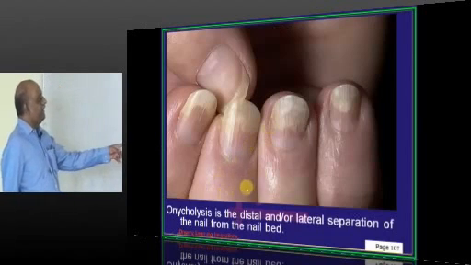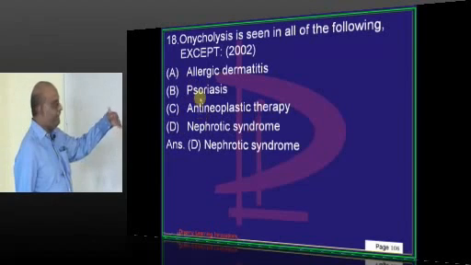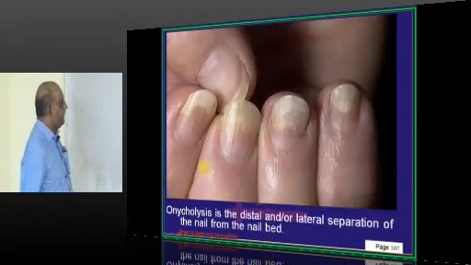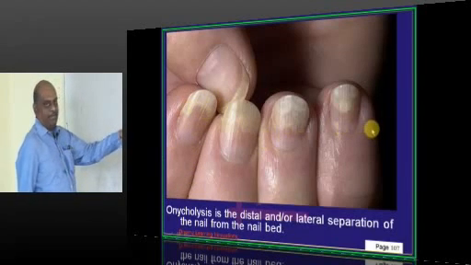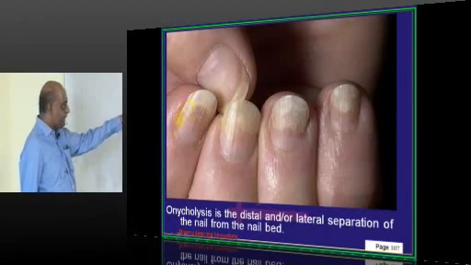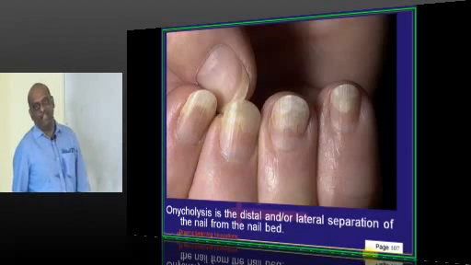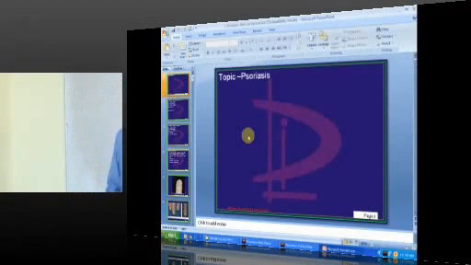So doctor, you find it in nephrotic syndrome, you don't find it, you will find it in psoriasis, allergic dermatitis, even in antineoplastic therapy. So this is a typical onycholysis in the distal and with a lateral separation of the nail from the nail bed is what you can classically see in this onycholytic state is what you need to remember. So that is the story called psoriasis.